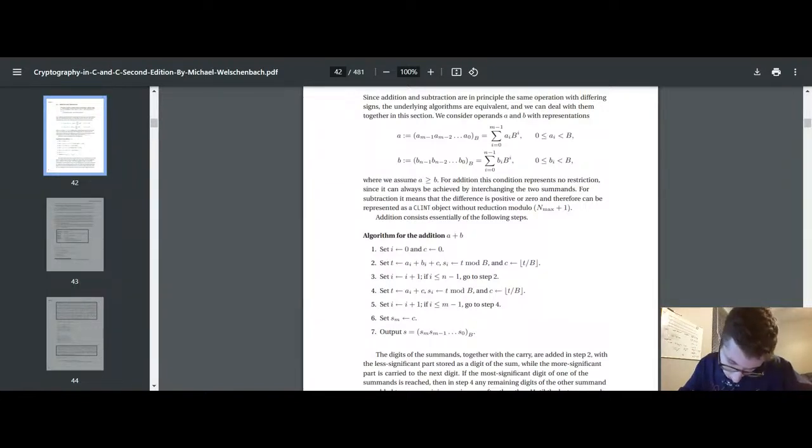So T is 12, actually, in the first iteration. We'll do S of I, so S of 0, is 2. And now C is 12 divided by 10.